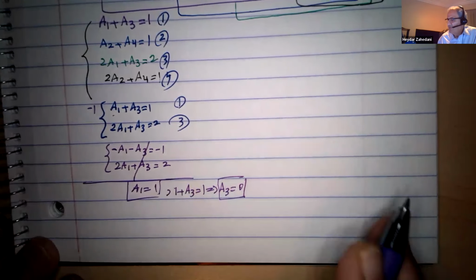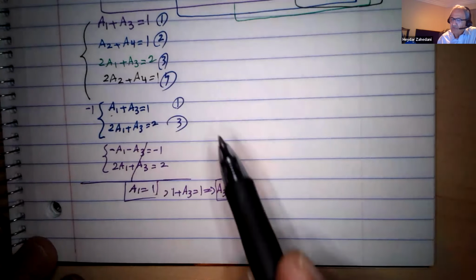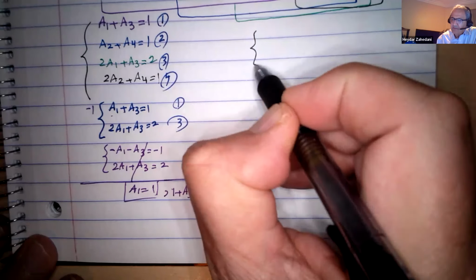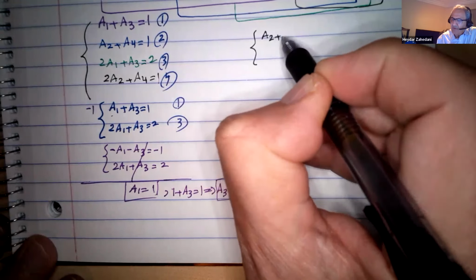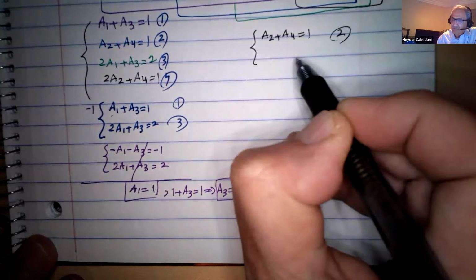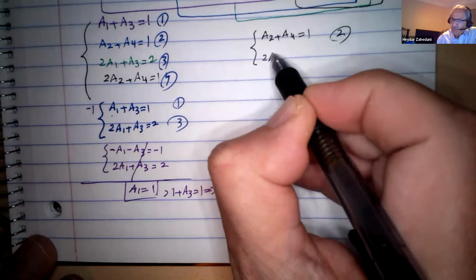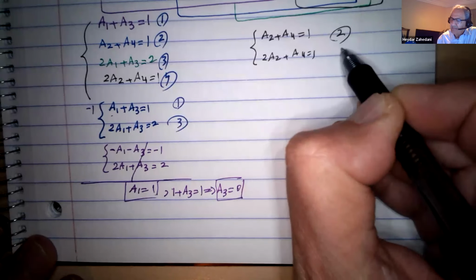Okay, so it's going to be 2 equations. Repeat it again, consider the 2 and the 4. The 2 is A2 plus A4 equal to 1. That's equation number 2. And the 4 is 2A2 plus A4 equal to 1. It's very similar.